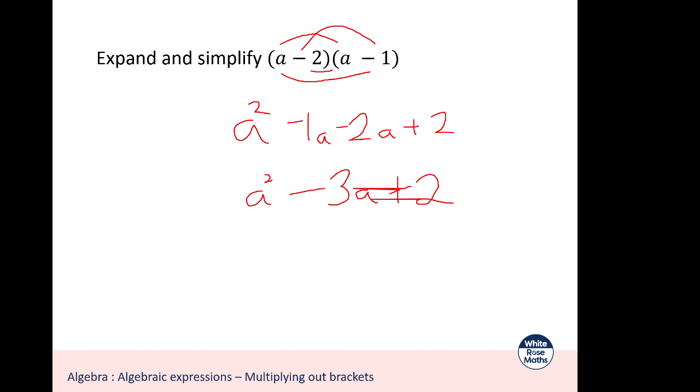Or I can write it as 2 minus 3a plus a squared. That also works. Or even 2 plus a squared minus 3a. These would all suffice, as long as the a squared is positive, the 3a is negative and the plus 2 is positive.